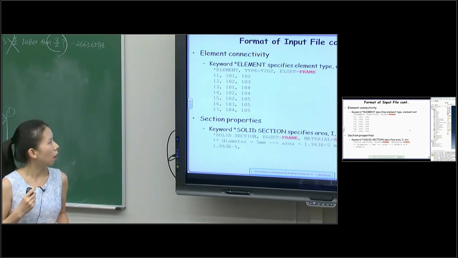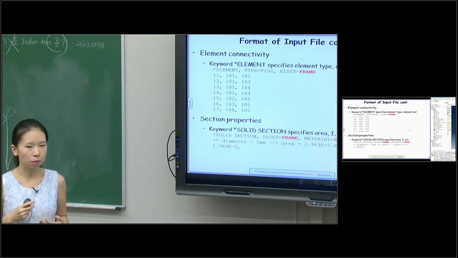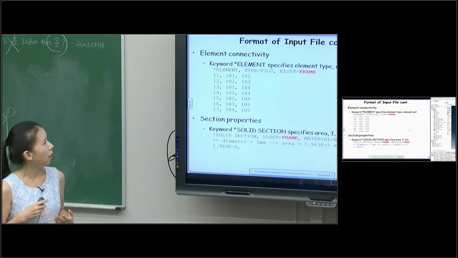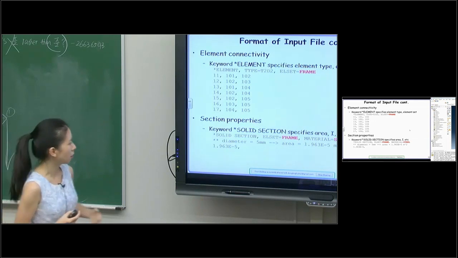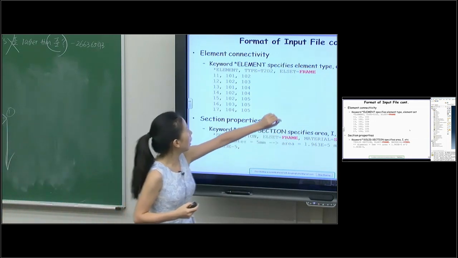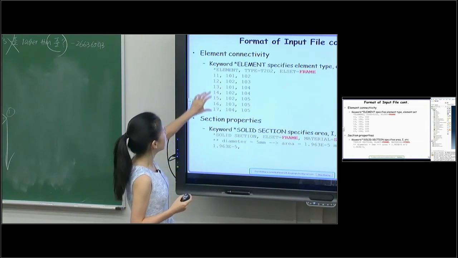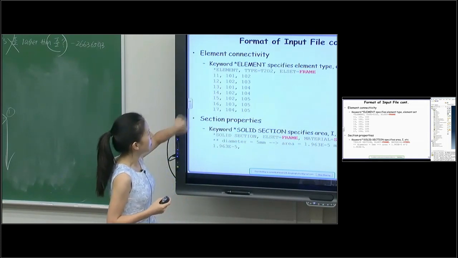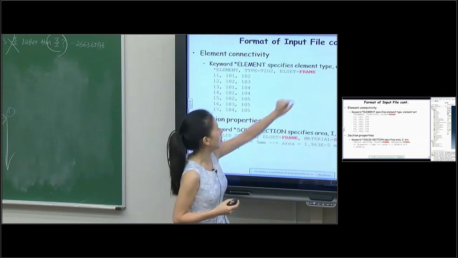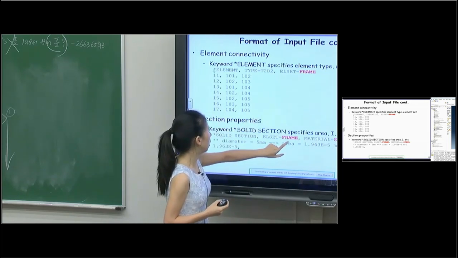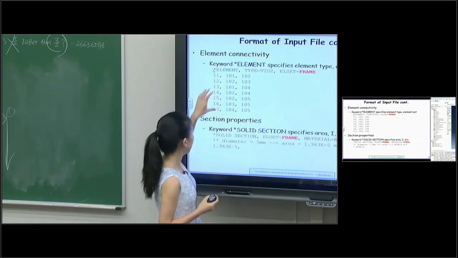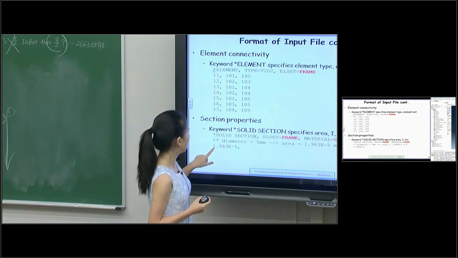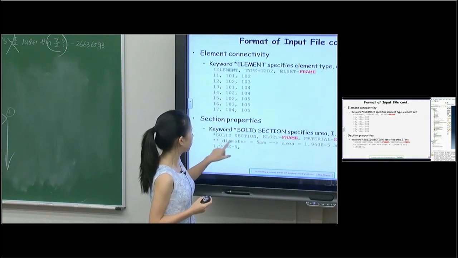But if it's a complicated problem and you have a lot of parts, you can define the names yourself. And this is the name frame here. For example, if I define all these elements 11 to 17 as frame, then this element set will have the solid section.